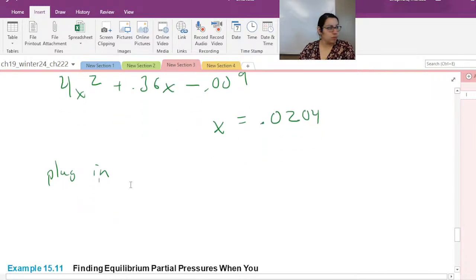Equilibrium concentration is 2. I believe that is the extent of the question.